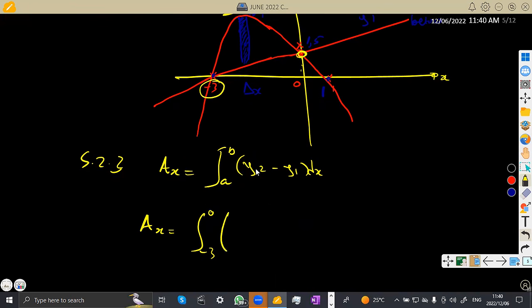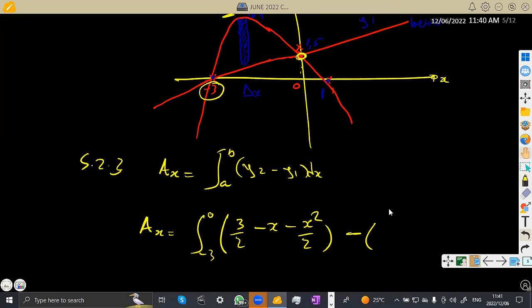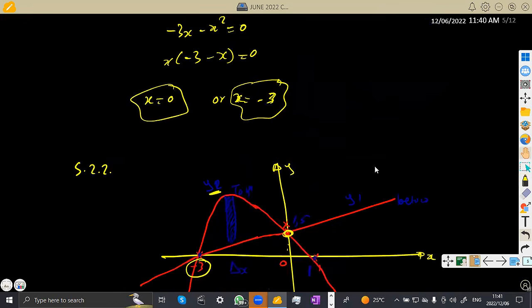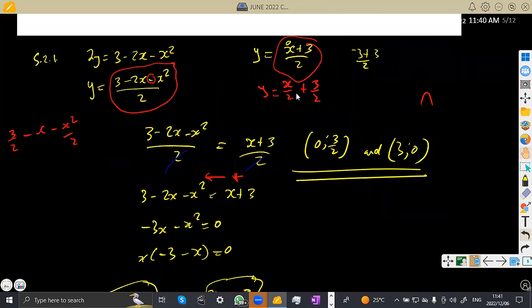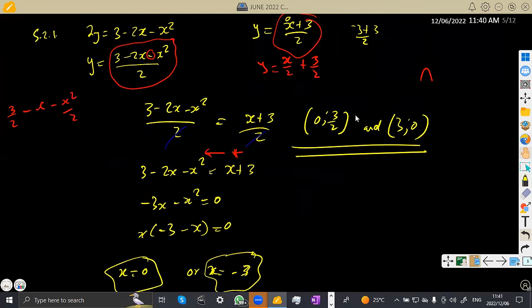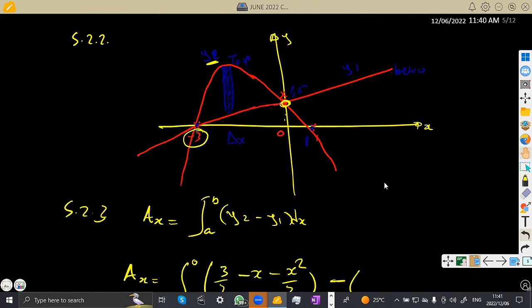And let's put in our y2, which is that function of x. So we saw that it was 3 over 2 minus x squared over 2. This is minus that of y1, which is the straight line. And for the straight line, we had x over 2 plus 3 over 2.